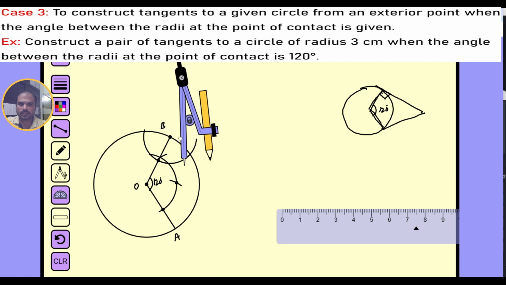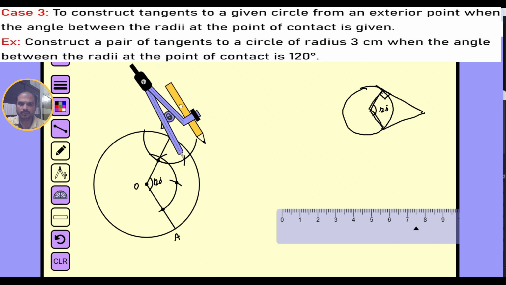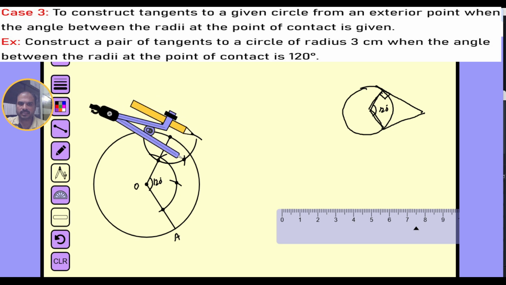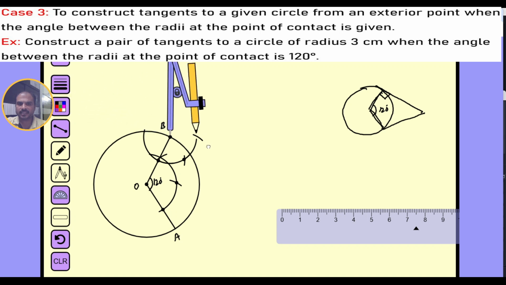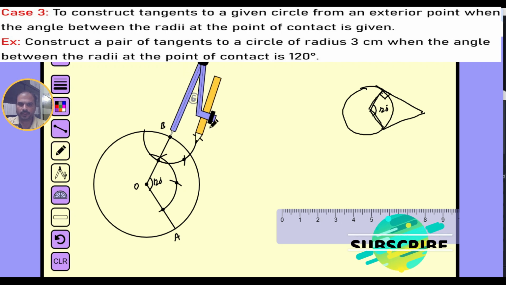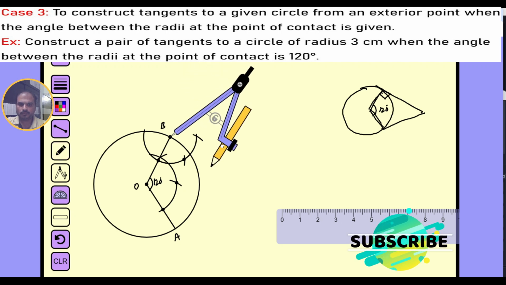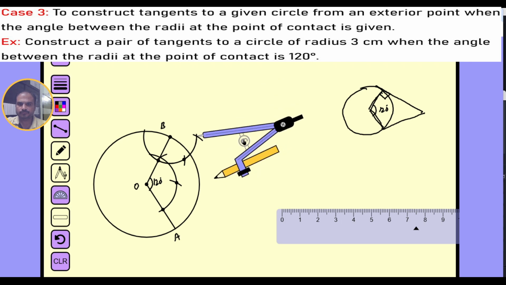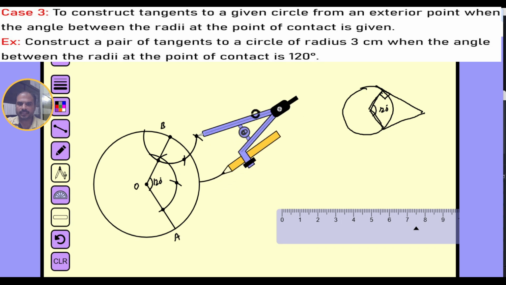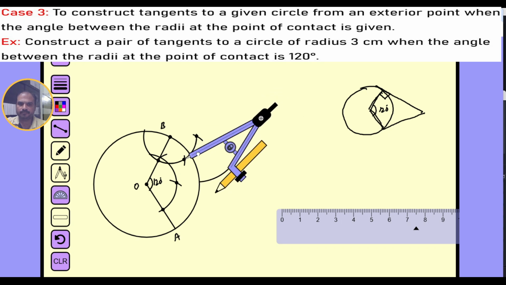You should always use a sharp pencil, children. How sharp your pencil is, that much accurate an answer you are going to get. You can verify with the help of a protractor whether the angle you have drawn is 90 degrees or not, there is no harm in it. I have constructed 120 degrees. Now I need to bisect the angle between 120 degrees and 60 degrees to get 90 degrees.